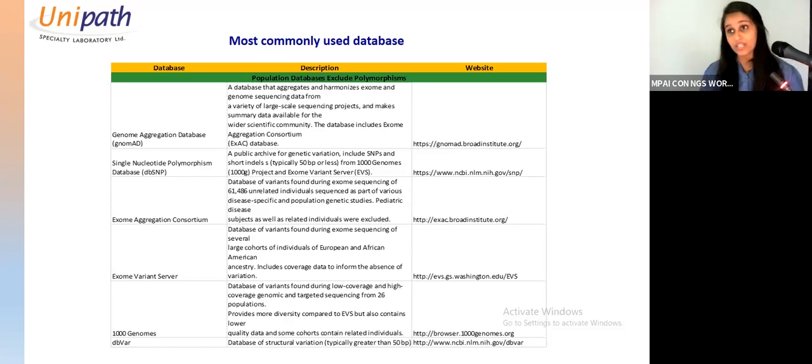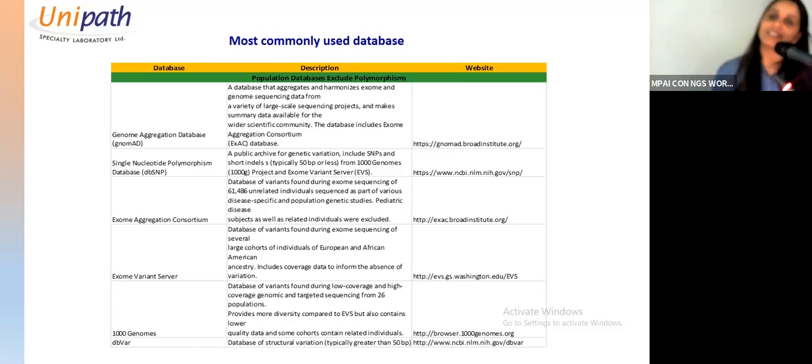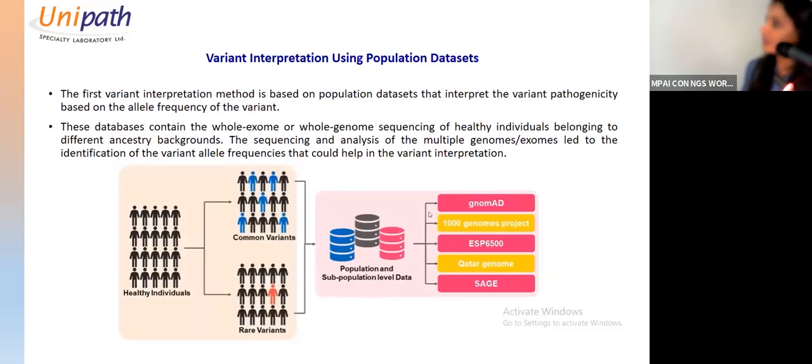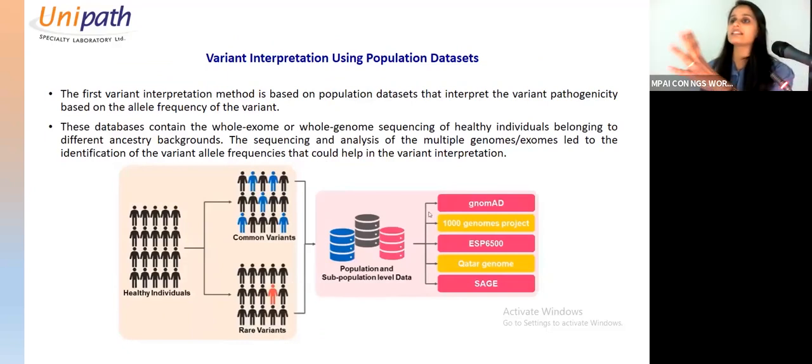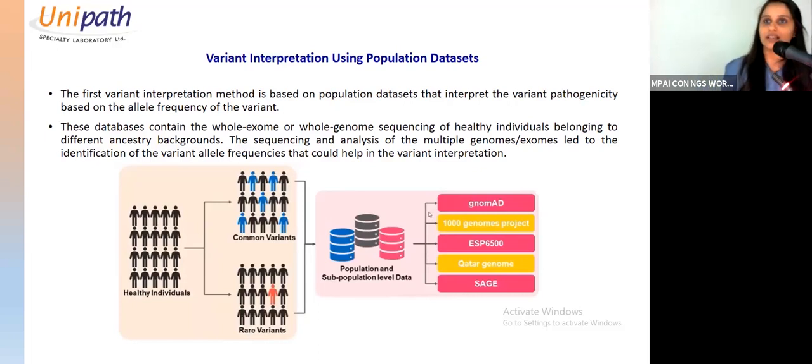Yes, very much important. That's why I did not try to do that. If you see, there are different population partitions, right? So we have South Asian, SAS.